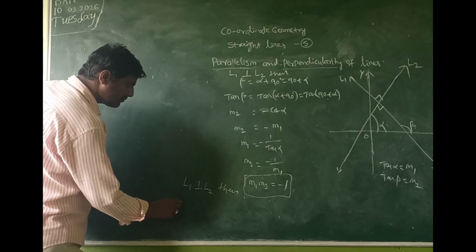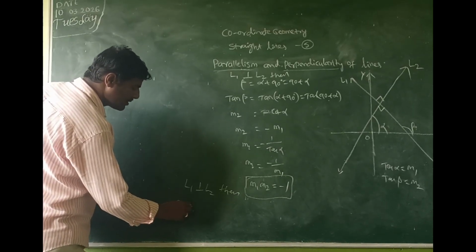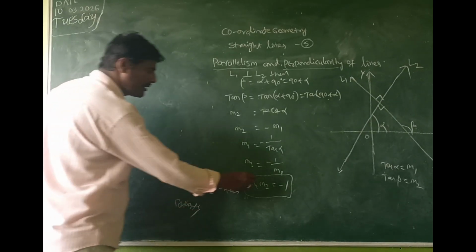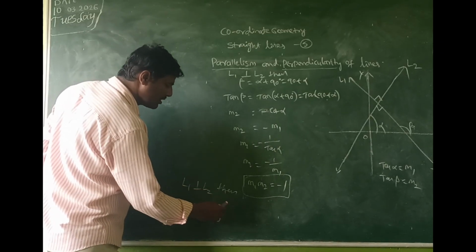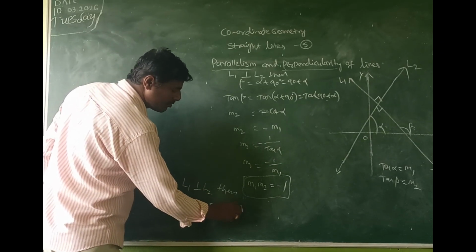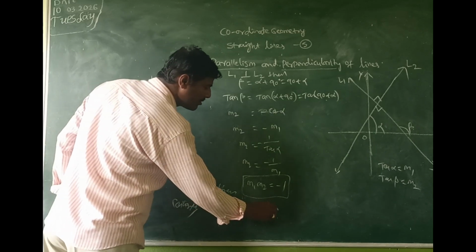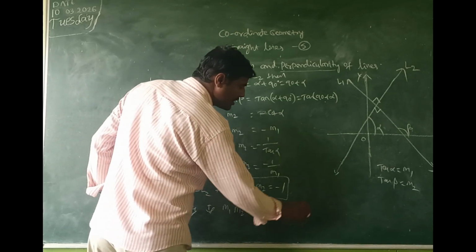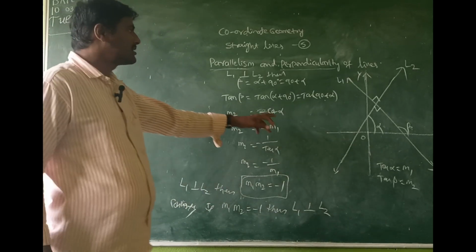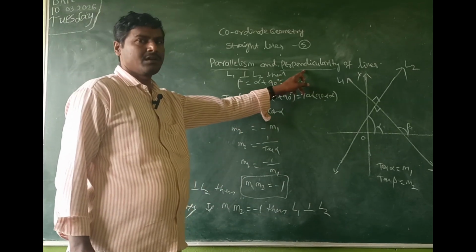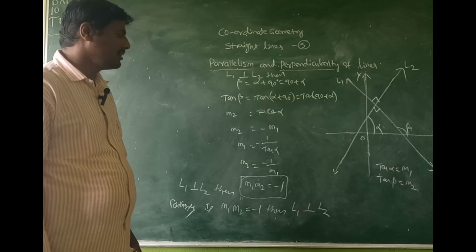Conversely, if m1 into m2 equal to minus 1, then L1 is perpendicular to L2. This is the condition for perpendicularity of two lines L1 and L2.